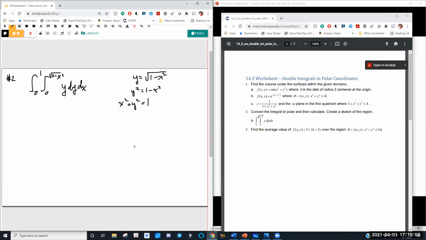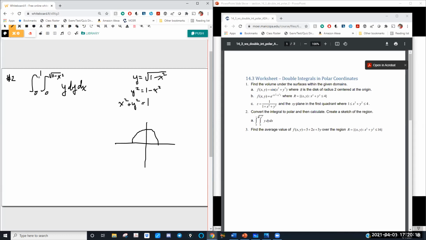So what you want to do is get a rough sketch of your region. This can be done by hand. This can be done in a graphing calculator, Desmos, Wolfram, whatever you like. So y equals square root of 1 minus x squared, like I said, is the top half of a circle of radius 1. Now we only need the top half because the lower limit is 0. Now here's something that's interesting.